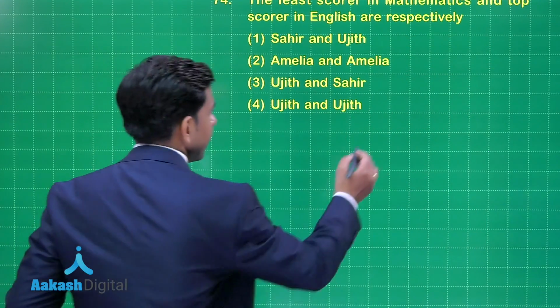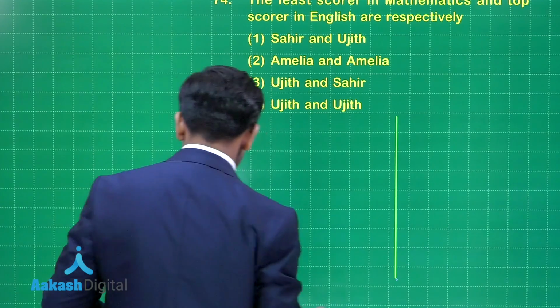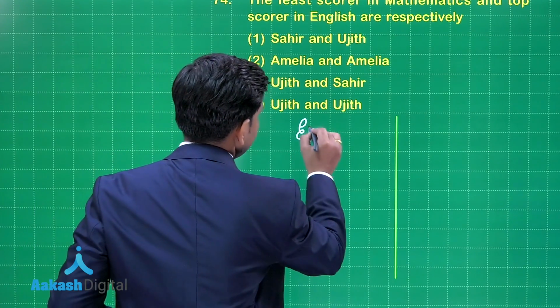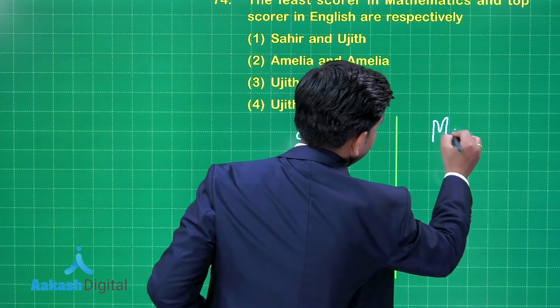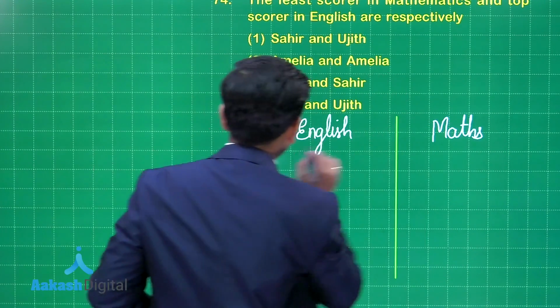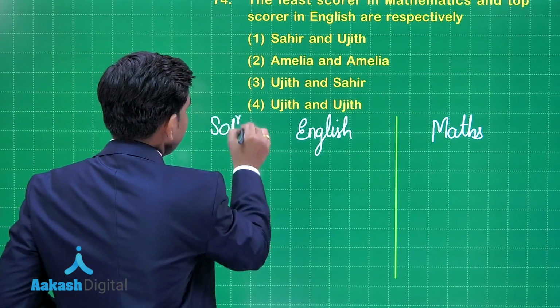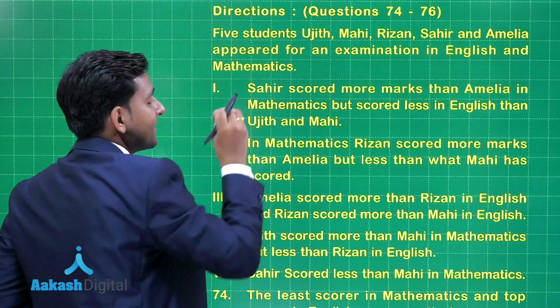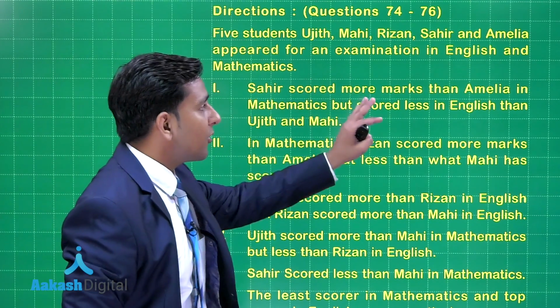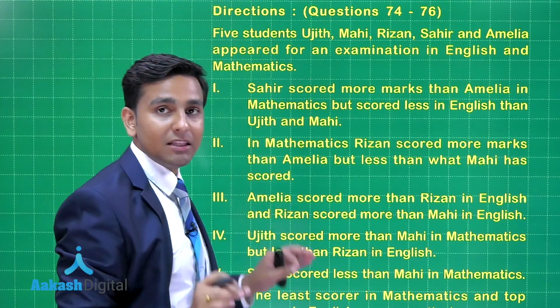First, English subject and then maths. Clear? So let's start with the very first statement. So this statement states Sahir scored more marks than Amelia in mathematics.